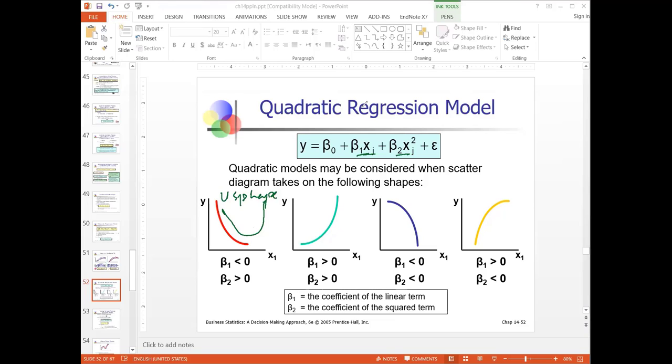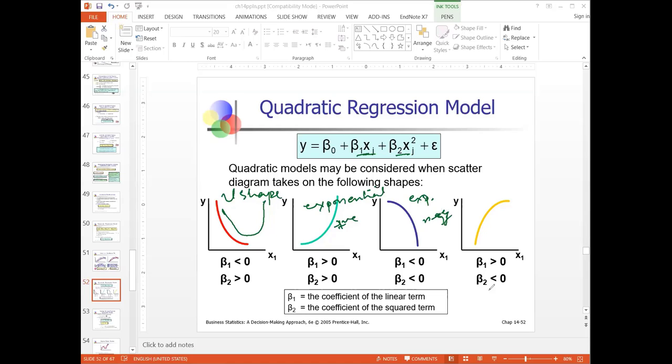Let me write it here: U shape. If both are positive, you can call it exponential positive, and if both are negative, we can call it exponential negative.